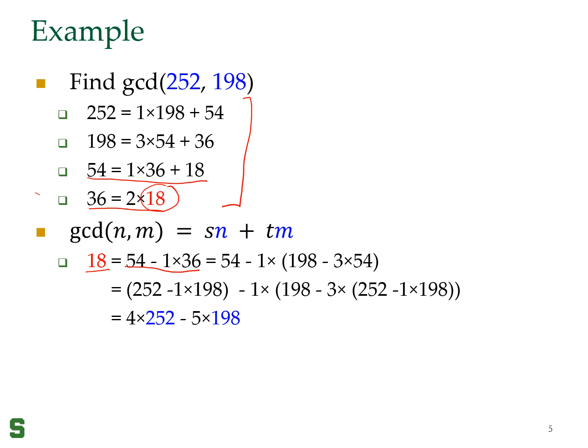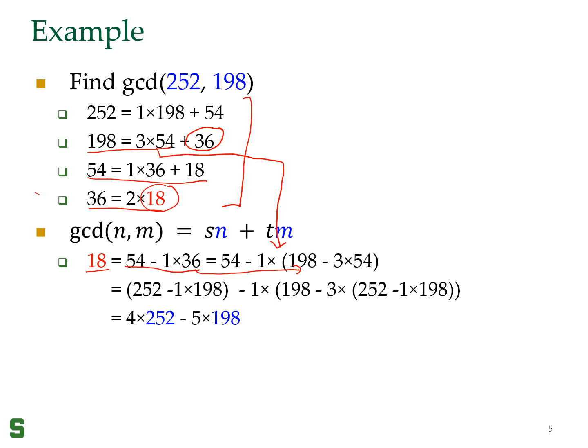So in this case, I'm going to replace 36 by terms. So this is my 36. I'm going to express it in terms of 198 minus 3 times 54. Wonderful.